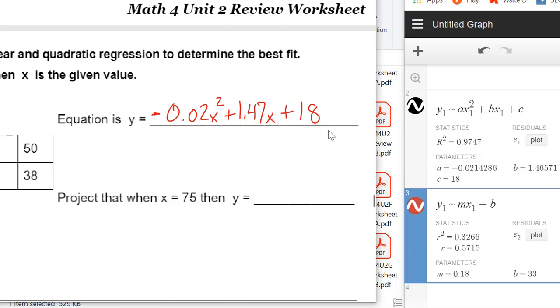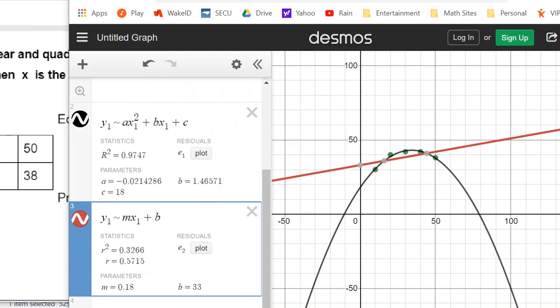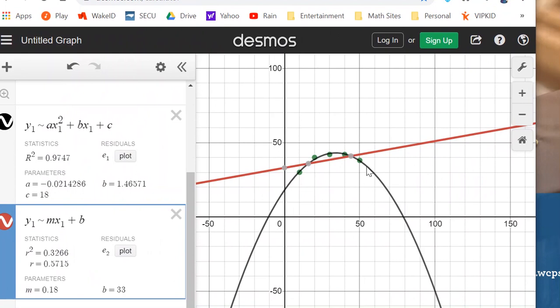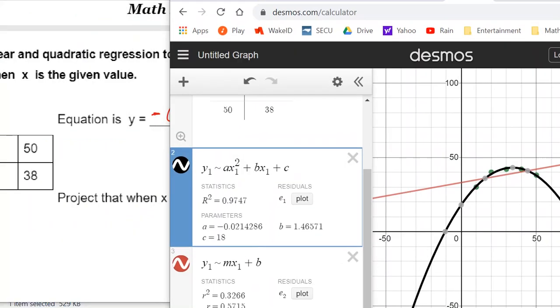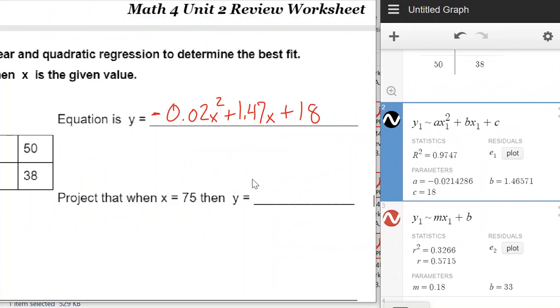Now, I need to figure out where x is 75. So I'm going to drag this back over here, and we're going to drag this down here until we see a 75. There is 75 at 7.393. When x is 75, y is 7.393.